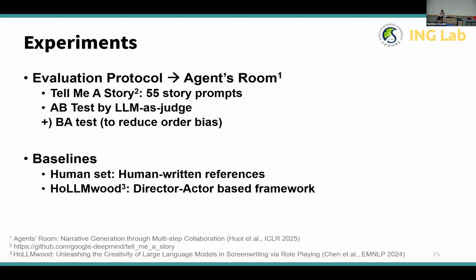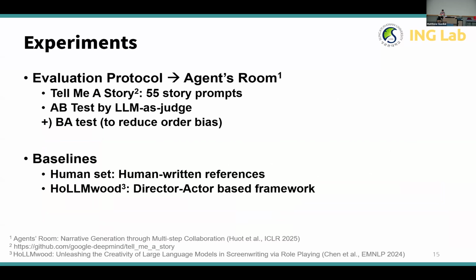So here is our experimental setting. We adopted an evaluation protocol proposed in the Agent Room paper. This paper proposed a dataset called Tell Me a Story, which contains 55 story prompts. And it adopted an A/B test with an LLM judge, which has a high alignment with human evaluation.